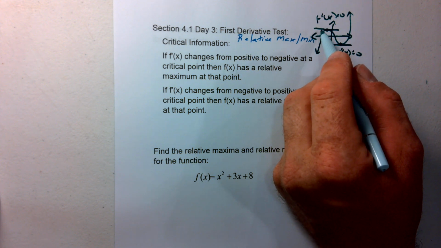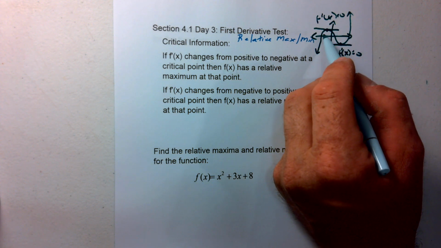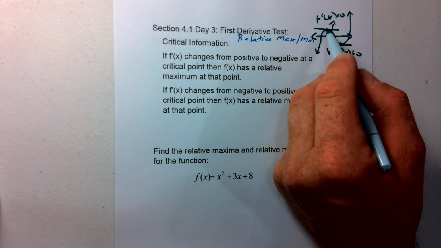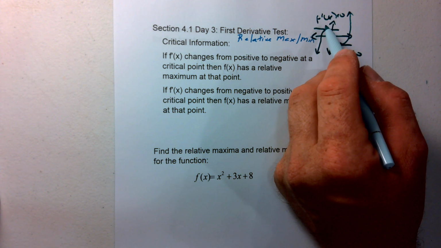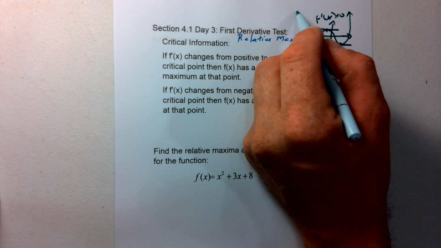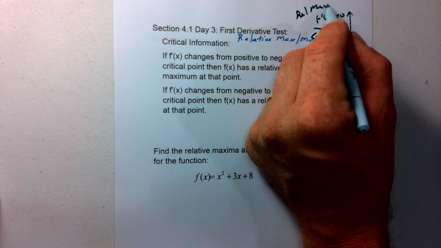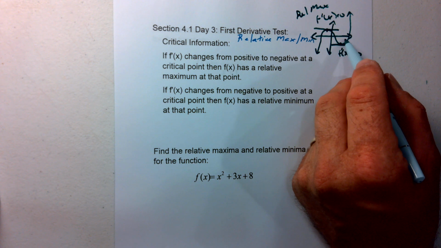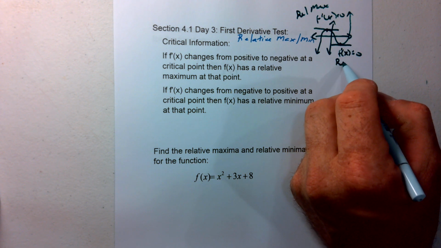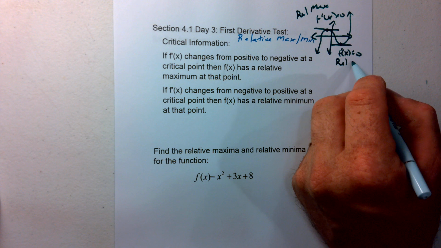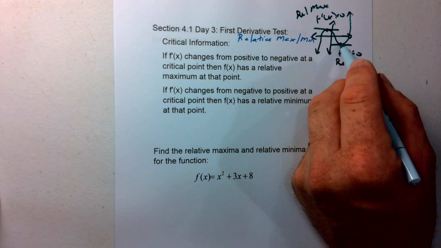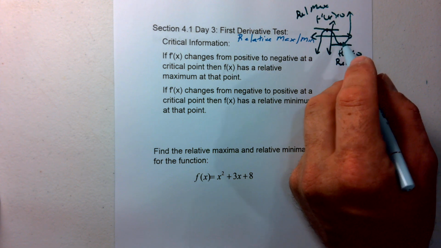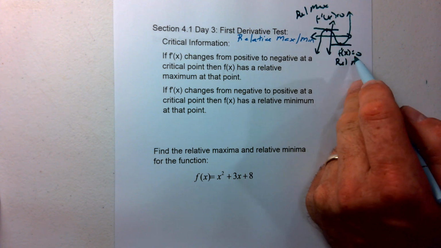Relative means, within this general region, this is going to be our highest point. So we see that we have a relative maximum here when f prime of x equals 0. And we have a relative minimum, so in general, relatively in this space, we have the lowest point in that region. Again, both where f prime of x equals 0.